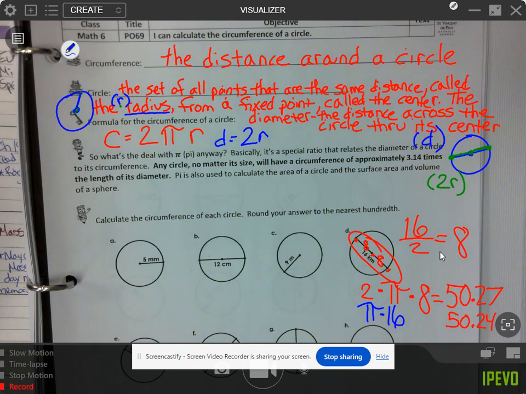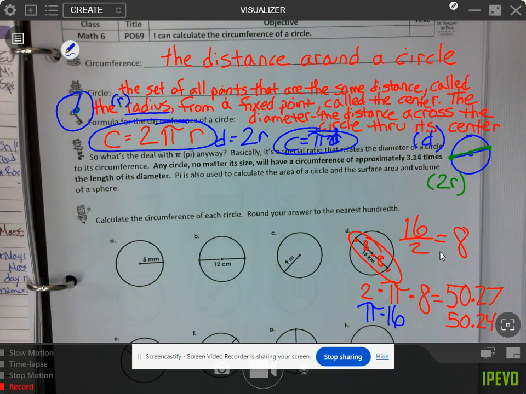So if you have that diameter, you could divide it by 2 to get the radius, and then multiply it by 2 and multiply it by pi. Or we could say the circumference could also be pi times the diameter. So they are both formulas that we can use for circumference.